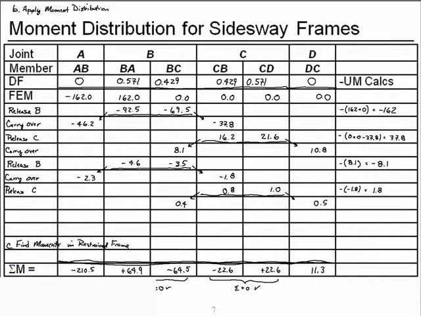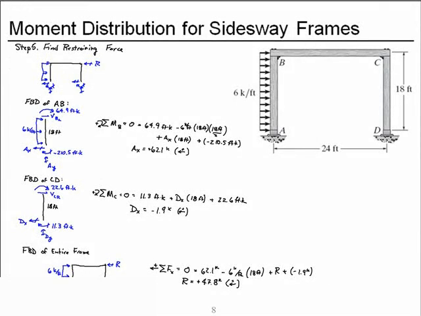Then we consolidated the fixed end moments and distribution factor information into a worksheet and began releasing nodes one at a time, distributing the unbalanced moment, and carrying over to the other ends of the members. We then added up the information in each column to find the moment at each node in each member of the restrained frame. We then use those moments to find the restraining force, R, by applying equilibrium.